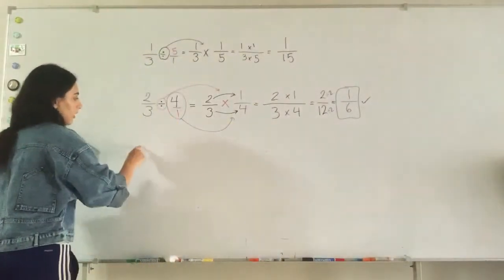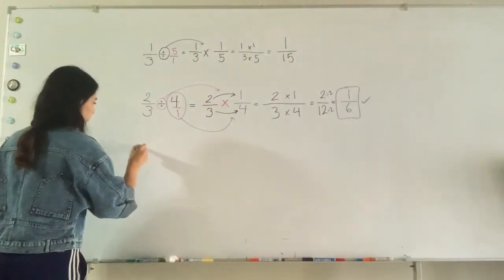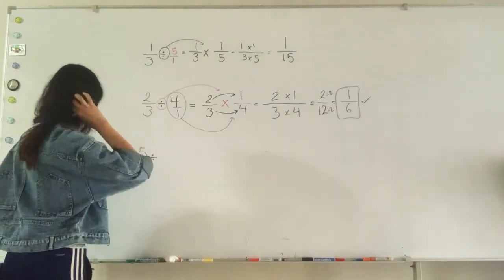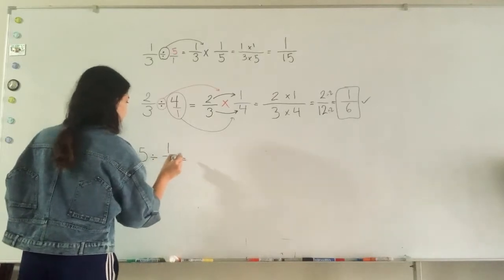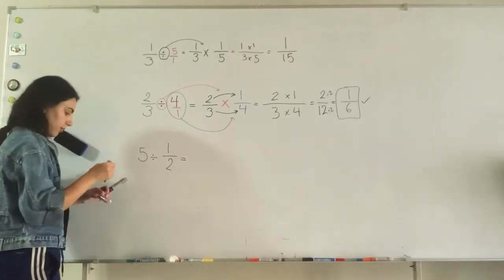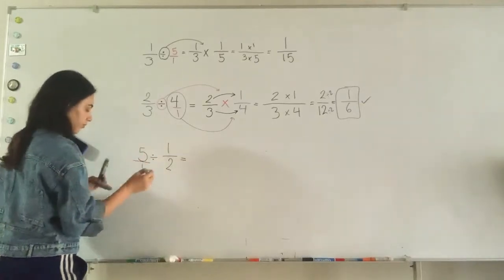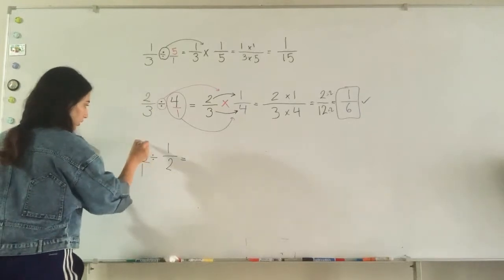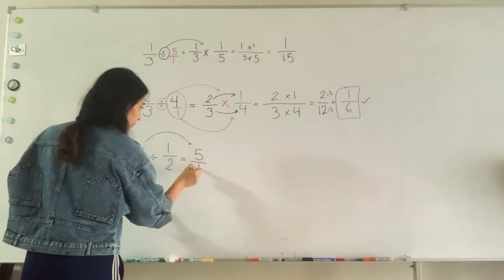What if the number is first and the fraction is second? So for example, we have 5 divided by half. You always have to look at the second number. So I give my denominator. I write my first number here, which is 5 over 1.